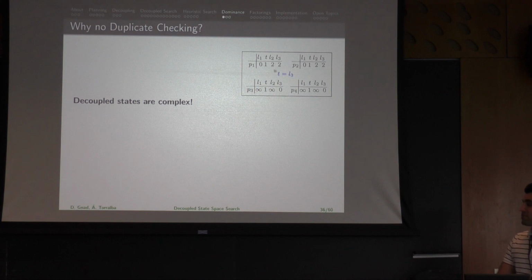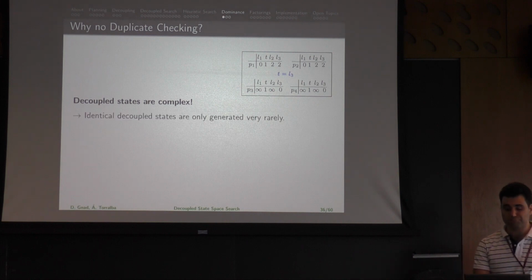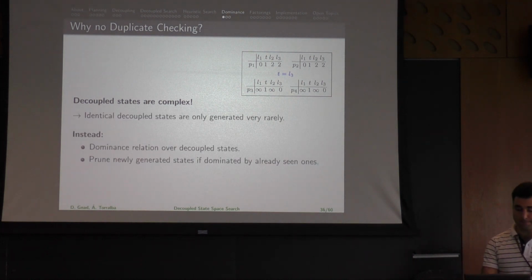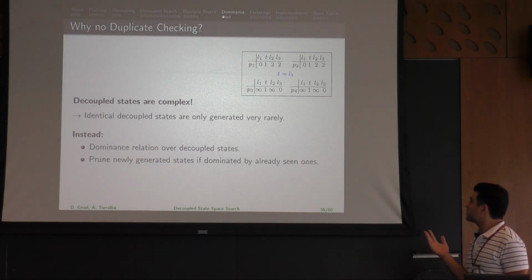If you have a decoupled search, what's the likelihood that you are going to find exactly the same decoupled state? That's very low. Maybe I can find a very similar decoupled state with very similar prices, but not exactly the same.